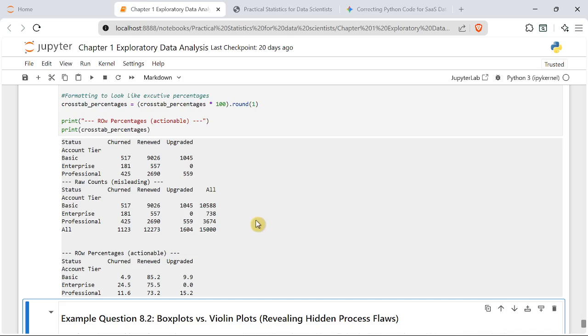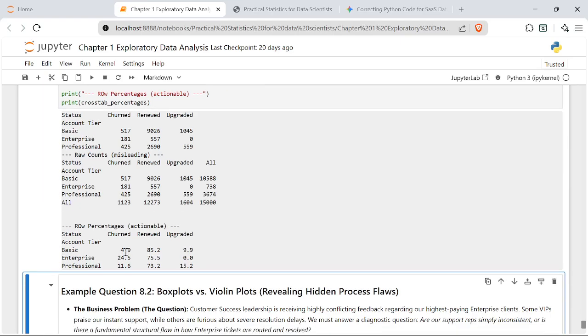They will naturally generate the highest raw volume of churned accounts. If we hand those numbers to the product team, they will spend the next quarter trying to fix the basic tier. However, when we normalize the data and convert the table into row percentages, the true operational reality emerges. The percentages reveal that our basic tier is incredibly healthy, churning at just 5%.